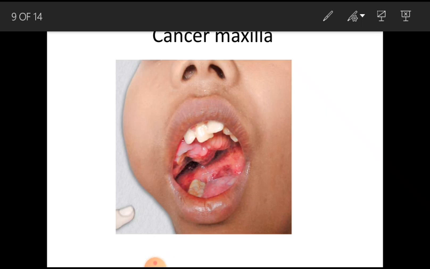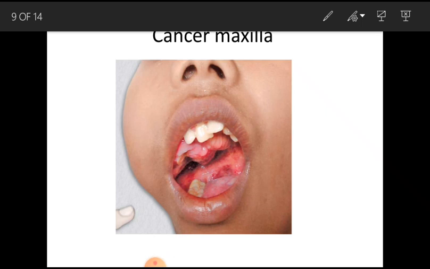Extension to the roof, which is the eye, leads to proptosis, diplopia, and finally loss of vision. Extension to the floor causes depression of the hard palate, and maybe a fungating mass in the mouth. Extension to the posterior wall leads to obstruction of the nasopharynx and cranial nerve palsy.